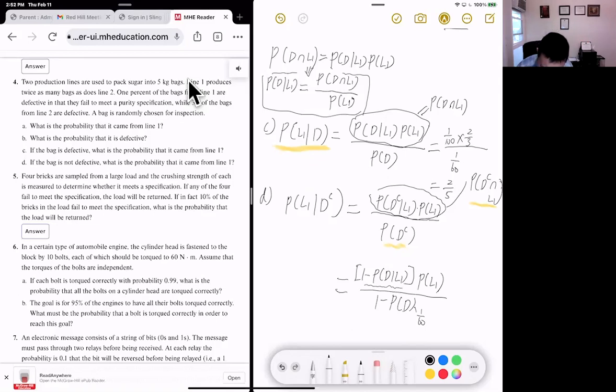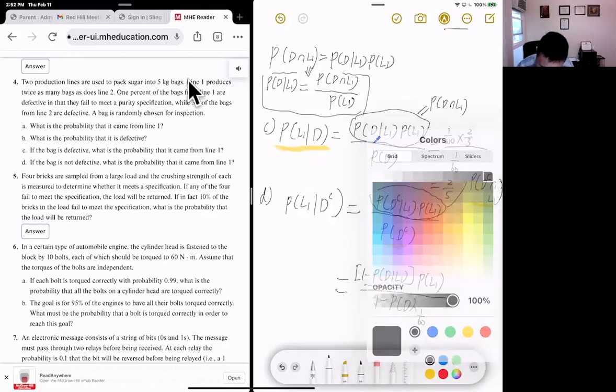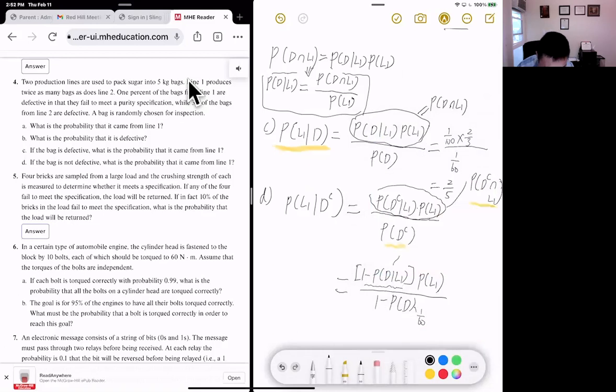And P(D given L1) is 1 over 100. So that will become (1 minus 1 over 100) times P(L1), 2 over 3. The bottom is 1 minus 1 over 60.